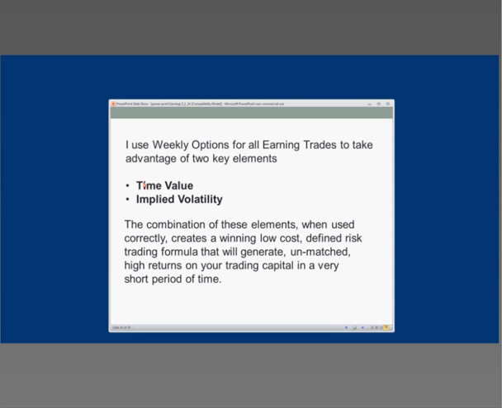And again, those elements are time value and then the implied volatility. So the combination of these elements, when used correctly, creates a winning, low cost, defined risk trading formula that will generate unmatched returns on your trading capital in a very short period of time.